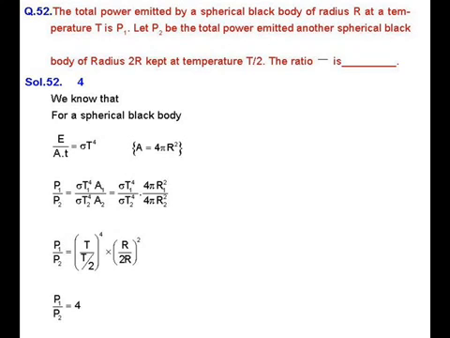That is equal to sigma T1 to the power 4 divided by sigma T2 to the power 4 into 4 pi R1 square divided by 4 pi R2 square, where R1 is the radius of the first spherical body and R2 is the radius of the second one. So P1 divided by P2 is equal to T divided by T by 2 whole power 4 into R divided by 2R whole power 2. That implies P1 divided by P2 is equal to 4.